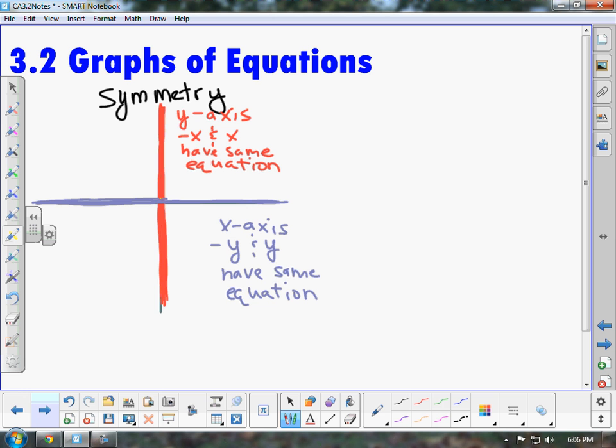And then there also can be origin symmetry. And in that case, the opposite of x and the opposite of y have the same equation.